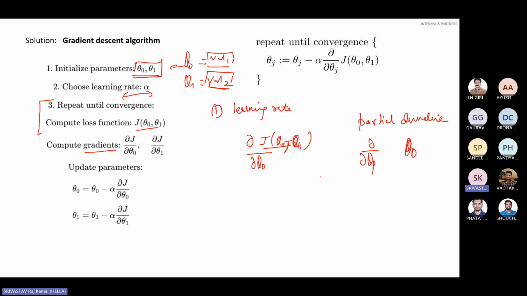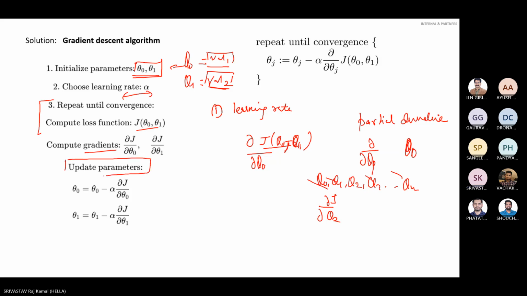If in your case there are n features, theta 0, and their corresponding coefficients are theta 1, theta 2, theta 3, and so on, then when we take the derivative of the j cost function with respect to theta 2, every other term becomes constant. That is it. This is how we update parameters.